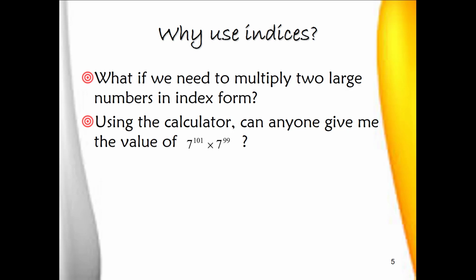Maybe some calculators are very powerful and can straight away give you 7 to the power of 200, but most calculators will just tell you maths error because the number is too big. When the number is too big, if you use the indices way, you can still represent it.